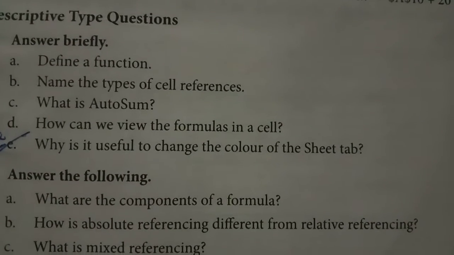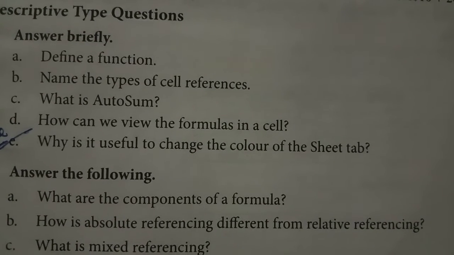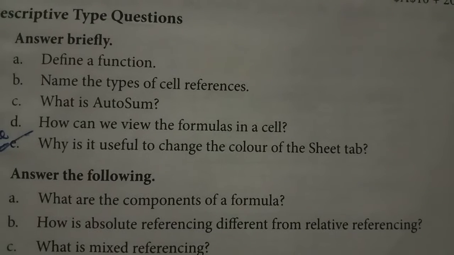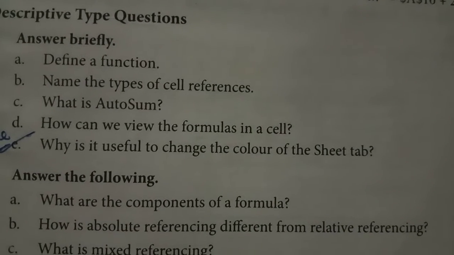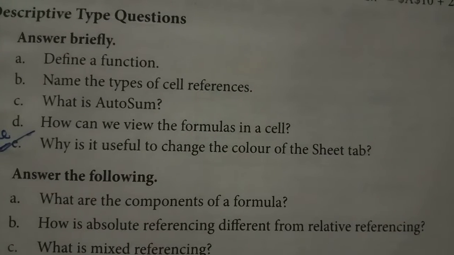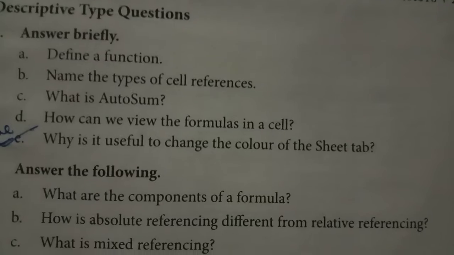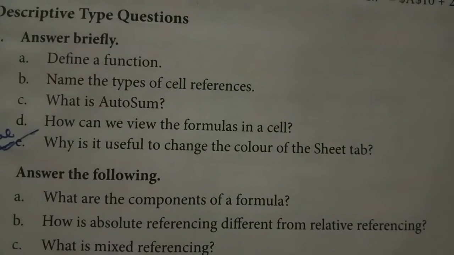Question number four: how can we view the formula in a cell? The answer is through pressing Enter from the keyboard, or clicking on the button next to the formula bar.